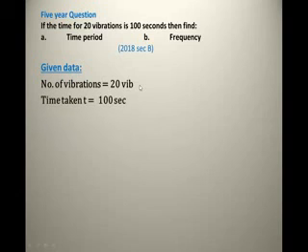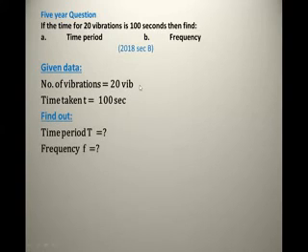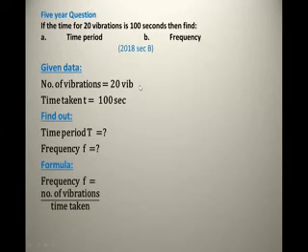So is there any problem in this question further? No, ma'am. Okay, with data, I'm moving further. Tell me, what should we find? Time period. Okay, first of all time period, then we have to find frequency. Then tell me, what is the formula of time period and frequency? No, I'm using the formula of number of vibrations.